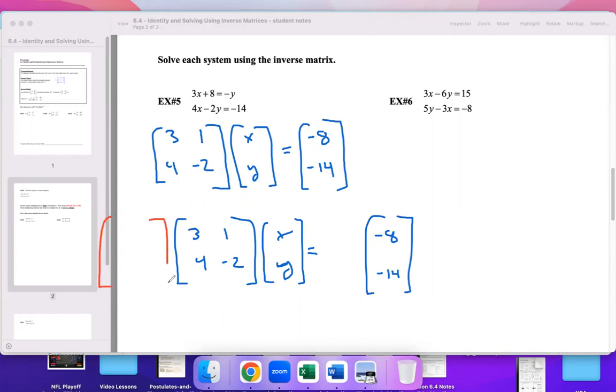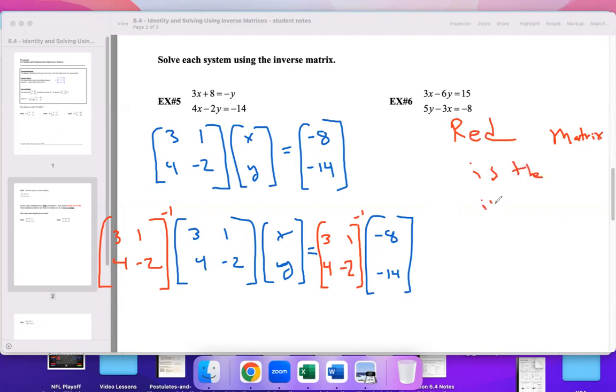I'm going to do it in red. This red matrix is the inverse of 3, 1, 4, -2.